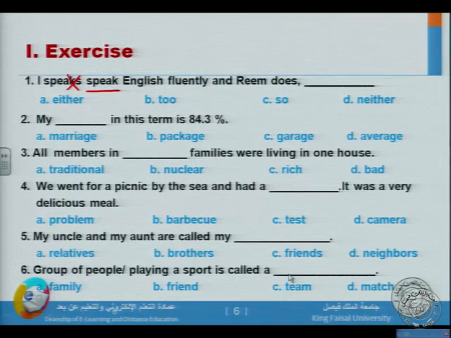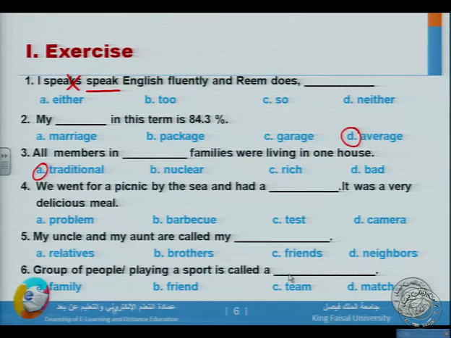My average in this term is 84.3%. All members in traditional families were living in one house.